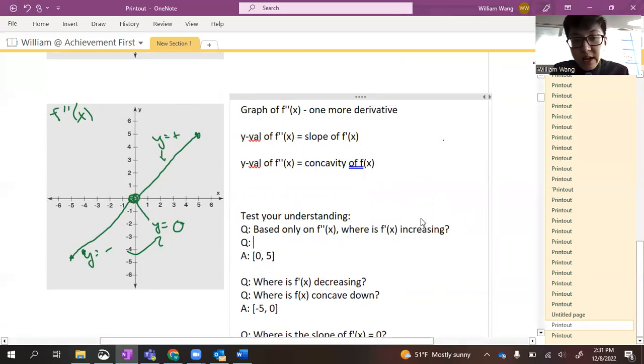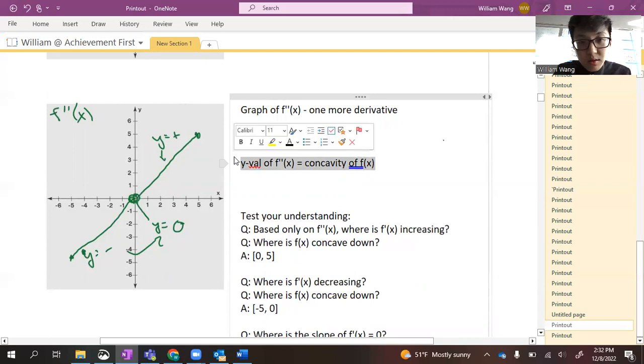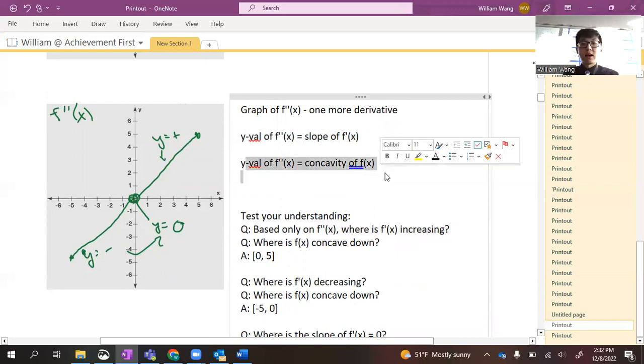Where is f prime of x increasing tests this relationship. Where is f of x concave down tests this relationship. Where's f of x concave down?